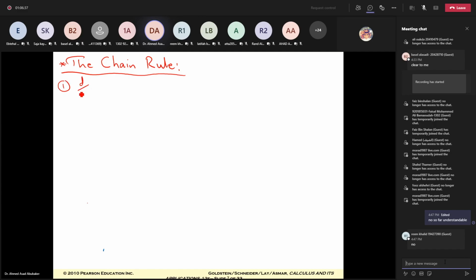Number one, if we need to find the derivative of a composition function f(g(x)), we must find the derivative of f, substitute g in f prime, and multiply by g prime. So we need to find f prime and g prime, but in f prime we substitute also g(x).